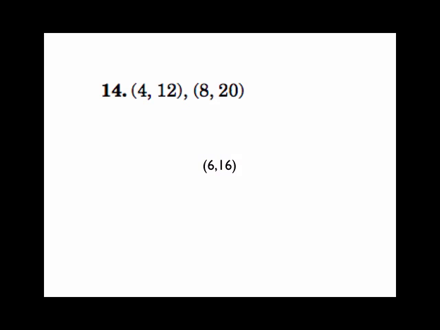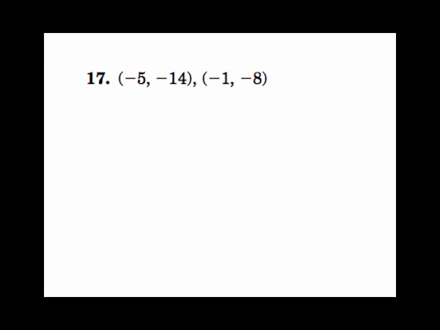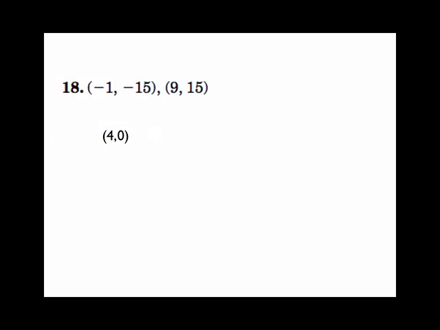Did you get (6, 16)? How about (-5, -14) and (-1, -8)? You should have gotten the midpoint of (-3, -11). (-1, -15) and (9, 15) should give you a midpoint of (4, 0).